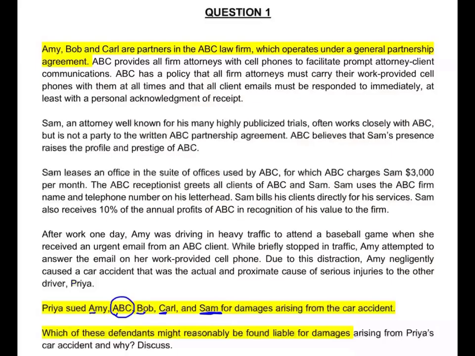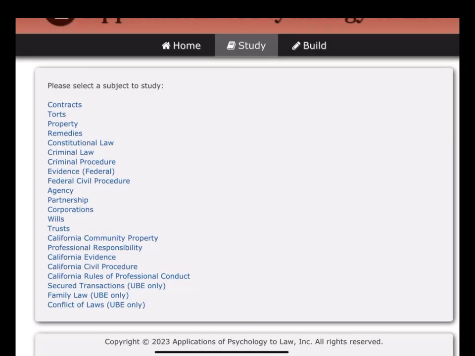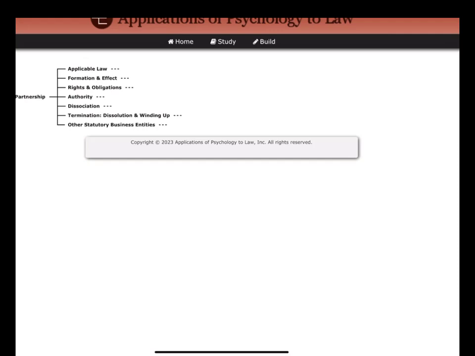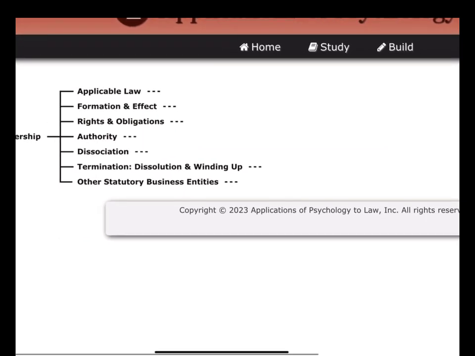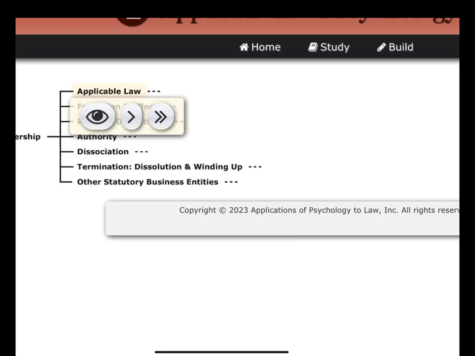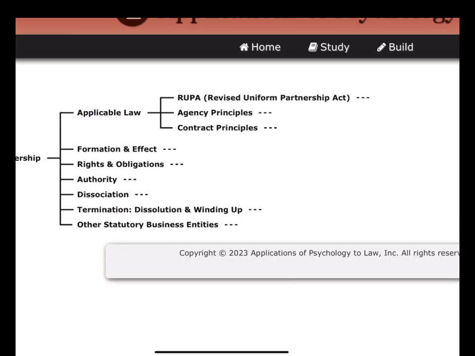So I'm going over to Proponix, which is a software platform we developed to hold our organization of the law, and so that we can open it, unfold it, fold it back up, use it to study whether our memorization is accurate. I go to partnership law and I see the main topics in partnership: applicable law, formation and effects, and so on.